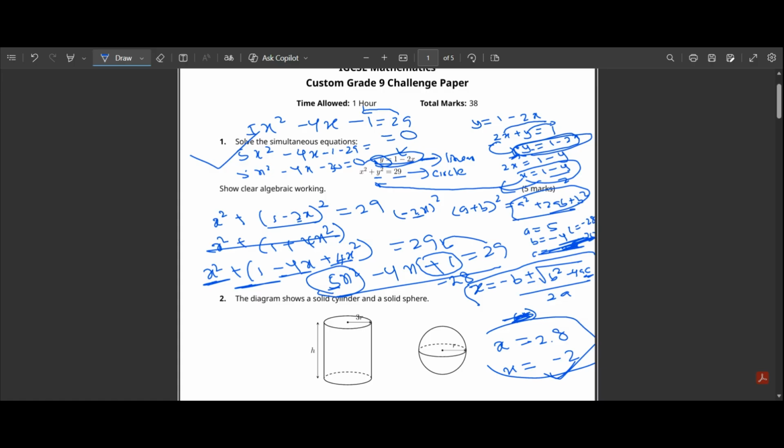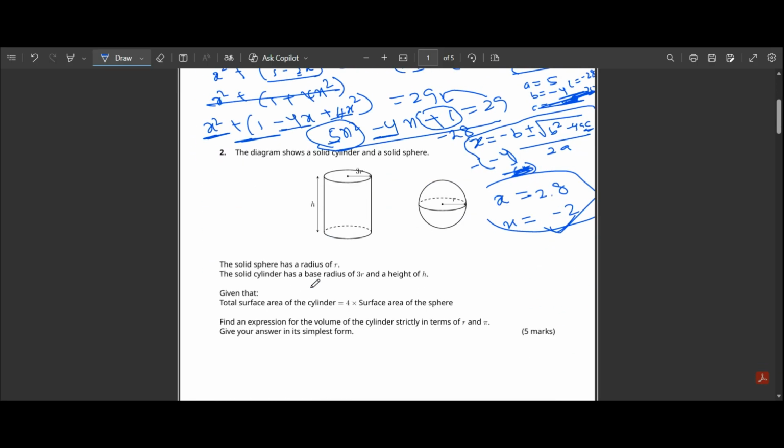For example, b is equal to minus 4, so here, for minus b, they put just minus 4. It is actually minus of minus 4, so it will be plus 4. These small mistakes add up and you won't get the final answer correctly, so you will lose the marks. So this is the problem with this question. So we have to be very careful with that. First question is done.